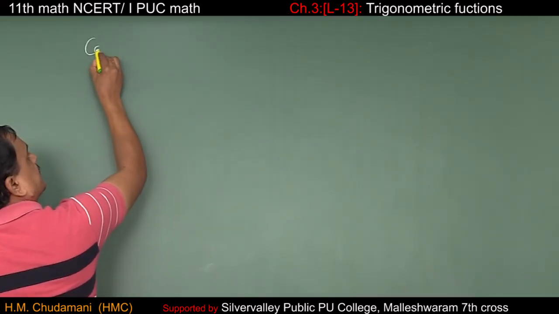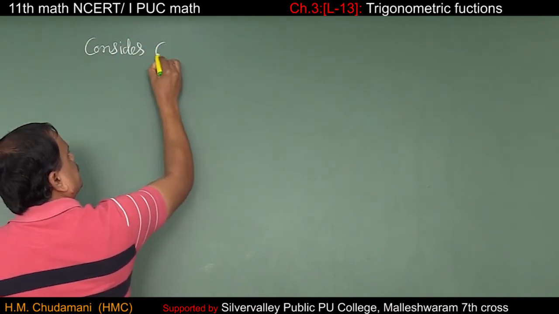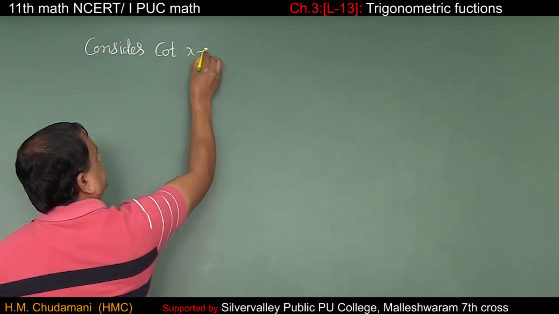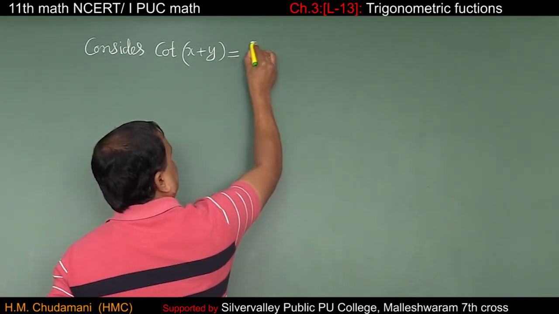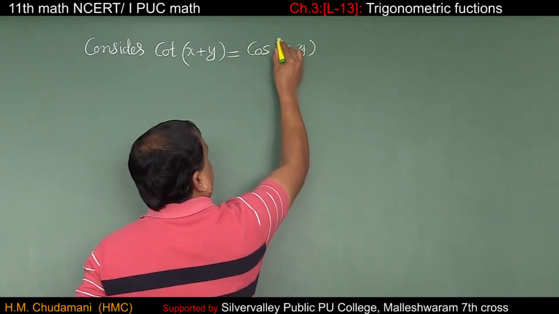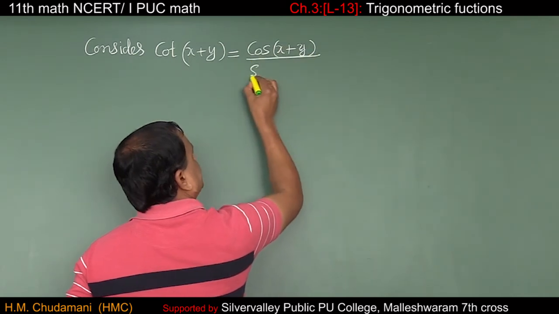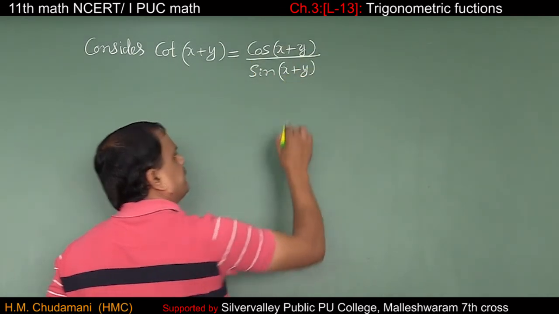Okay, consider LHS. Cot of x plus y. The quotient relation for cot is cos by sin, cos of x plus y divided by sin of x plus y.